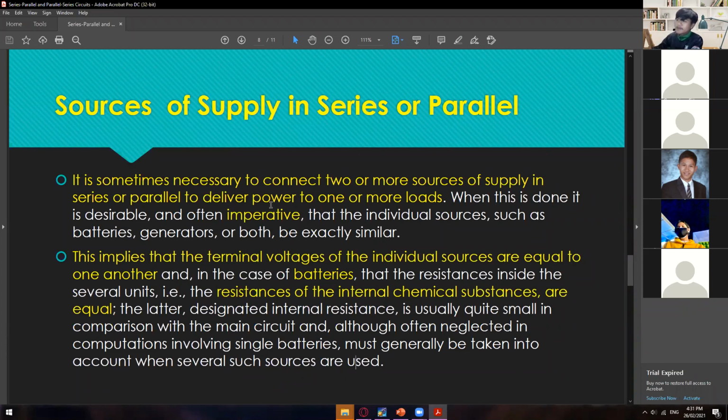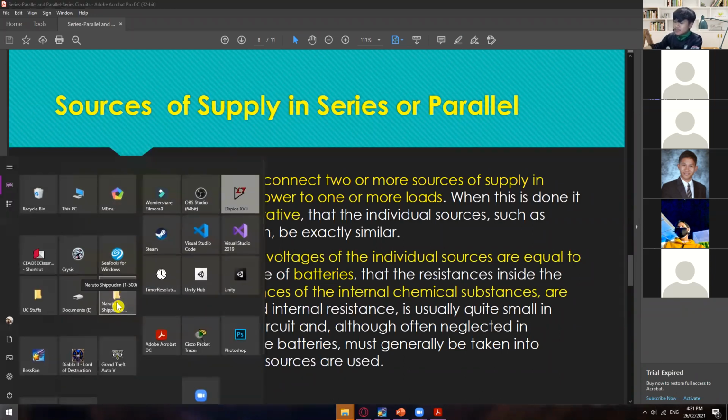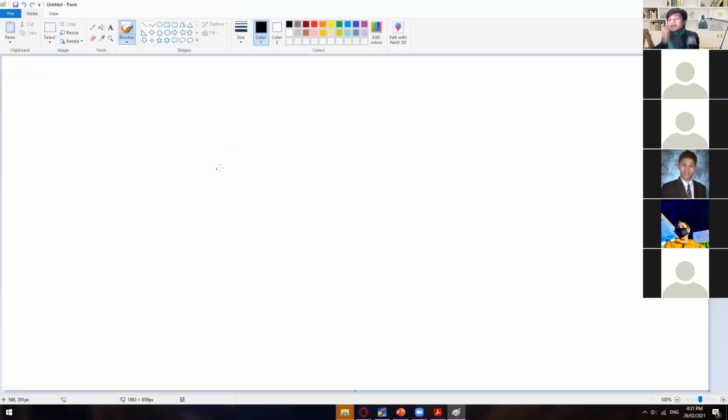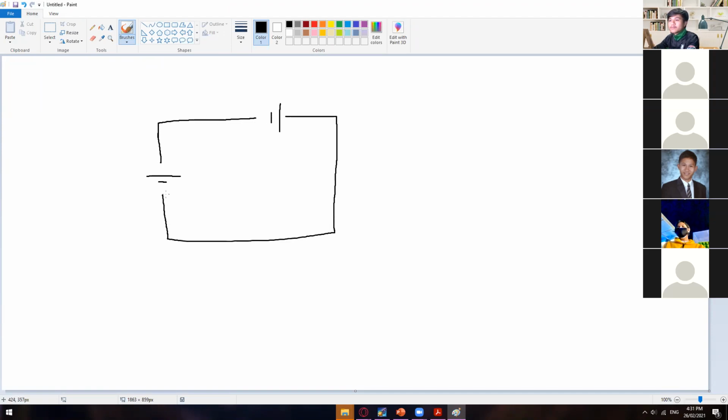So that's it for one voltage source and then two voltage sources. In computing voltage sources, this one is actually super simple. Let me give you an example. For example, you have this circuit, positive, negative, and then another positive, negative right here. In a circuit diagram you could have two types of flow: the clockwise format or the counterclockwise format.